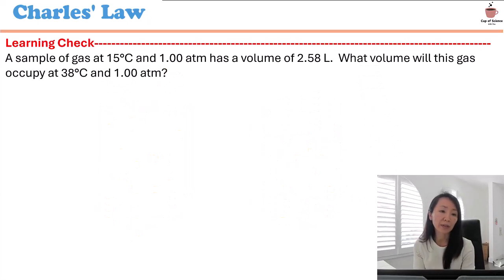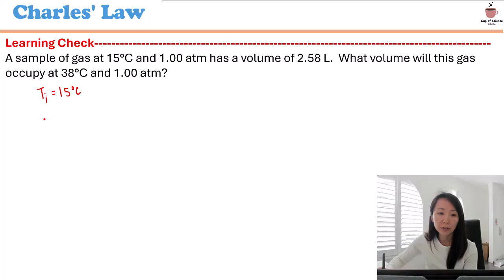A sample of gas at 15 degrees Celsius and 1 atm has a volume of 2.58 liters. What volume will this gas occupy at 38 degrees and 1 atm? So let's do some setup here. So initial temperature was 15 degrees Celsius.